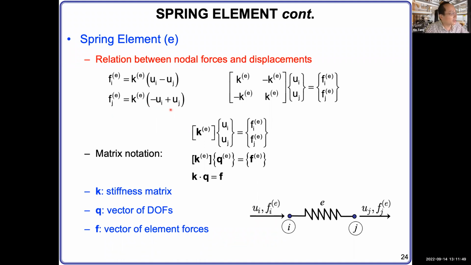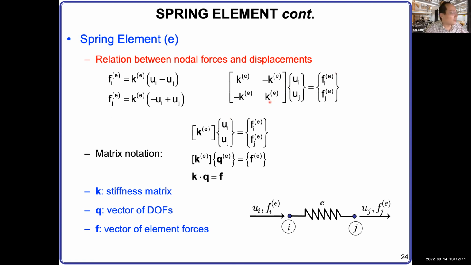Then we reverse this order because we want to write this in matrix form. We extract Ui and Uj as a vector, and the remaining part is written as a 2 by 2 matrix, and multiplying them together equals another vector, Fi and Fj.